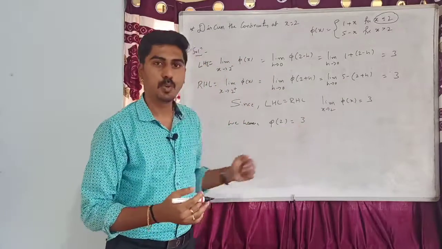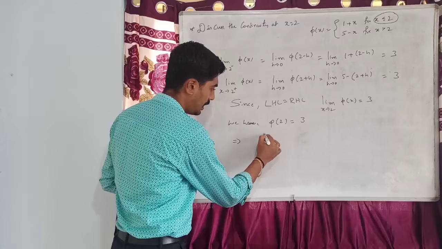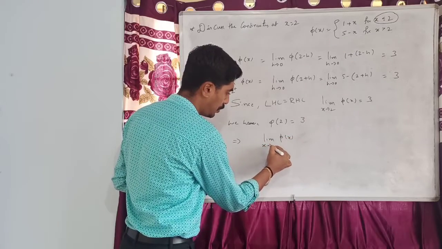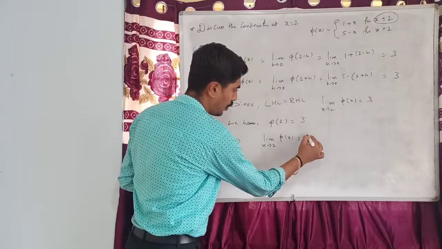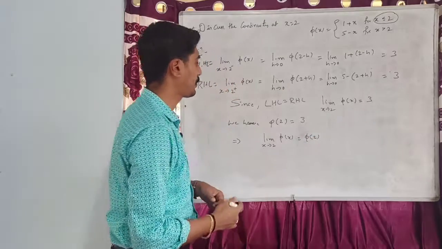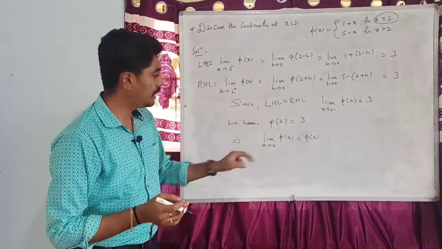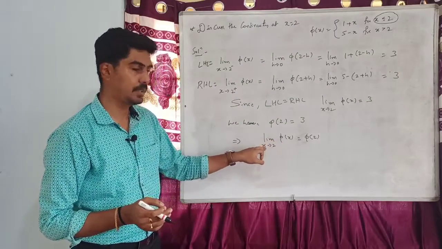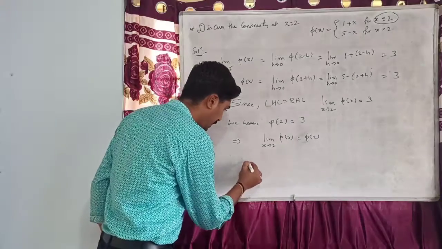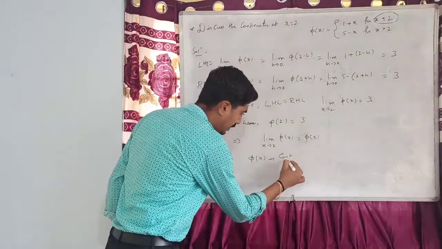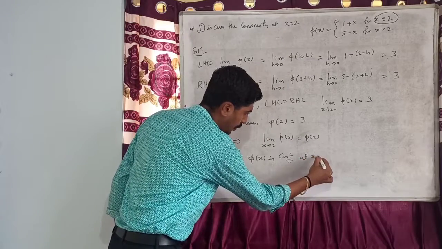So combining these two, I have limit of phi of x as x tends to 2 is equal to phi of 2. So by the definition of continuity, clearly phi of x is continuous at 2. Therefore, phi of x is continuous at x equal to 2.